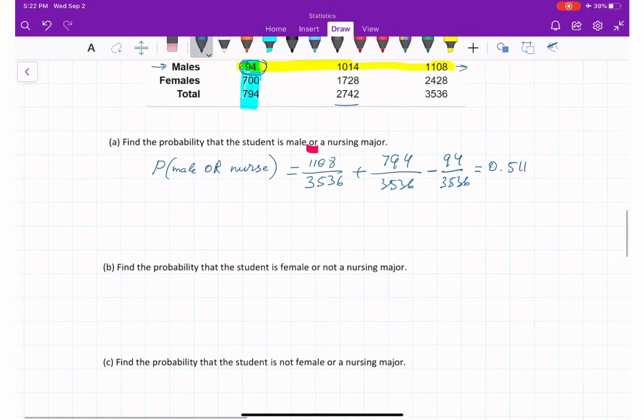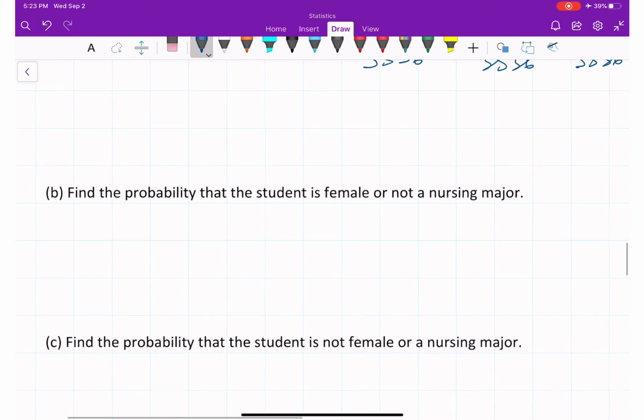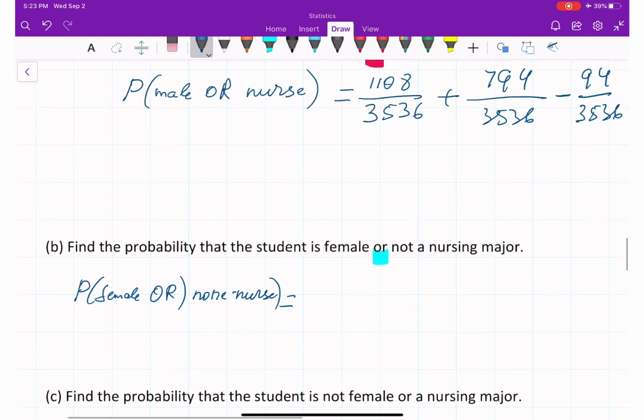All right, next one, B. Find the probability that the student is female or not a nursing major. Now this time, not a nursing major. Okay. Female or, which means we are going to add them, right? Not a nurse, non-nurse. So what's the probability of female?